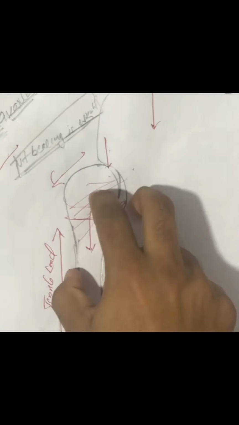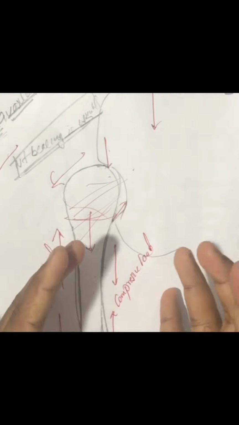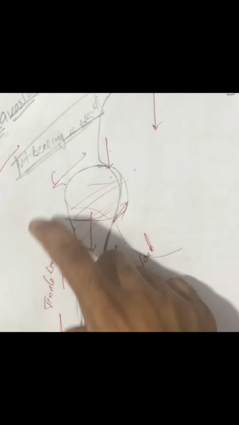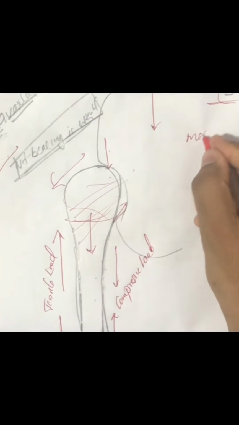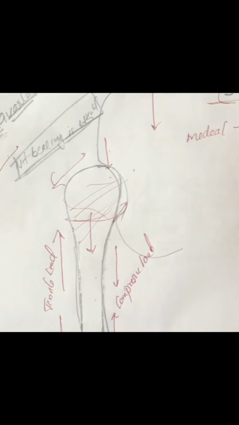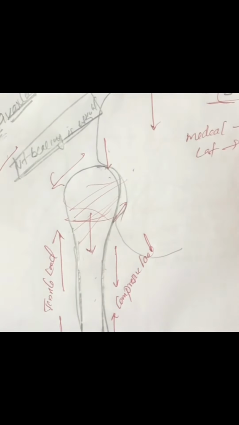Like the head of the femur, the medial side, which is close to the body, the adductor compartment, is always facing the compressive load, whereas the lateral side is always facing the tensile. It is due to the oblique nature of the femur. So when weight is transmitted to the shaft of the femur, its medial side faces compressive load and lateral side faces distractive or tensile load.